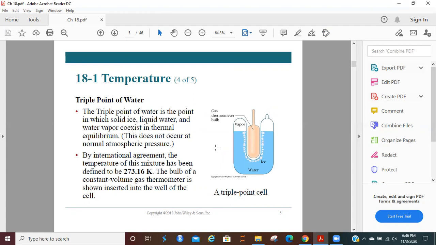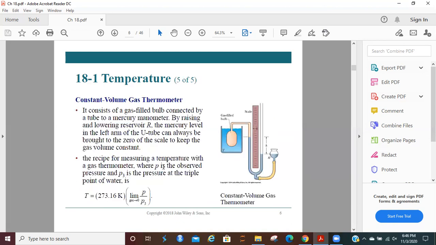The bulb of a constant volume gas thermometer is shown inserted into the well of the cell. So you've got the cell down here, you've got your thermometer bulb, you've got ice existing around this side, you've got vapor over here, and then you've got water, all three of these existing at the same time. So that's why they call it the triple point, as all three phases exist at the same time.